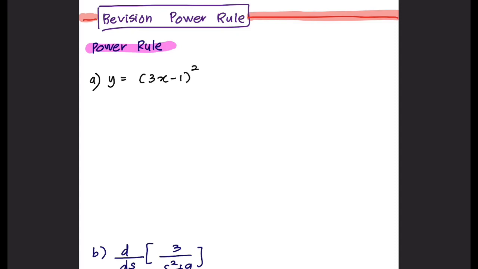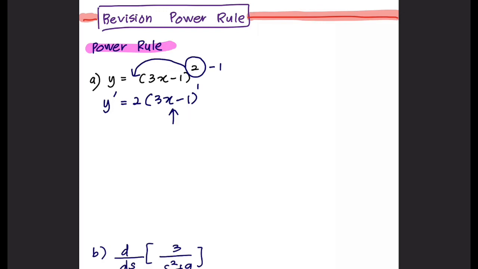Let's say you have question A, y equals (3x minus 1) power of 2, and we want to find y prime. So we have y prime equals, first step, bring the 2 forward, and then you have (3x minus 1). From 2, you minus 1, because you already brought 2 in front. 2 minus 1 is 1.